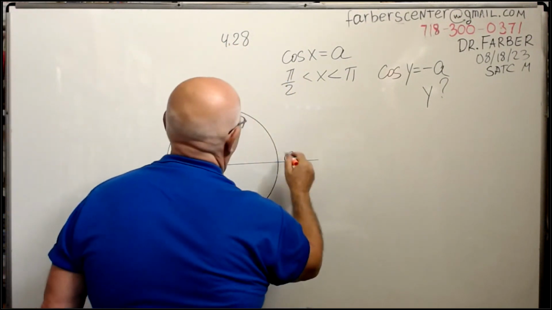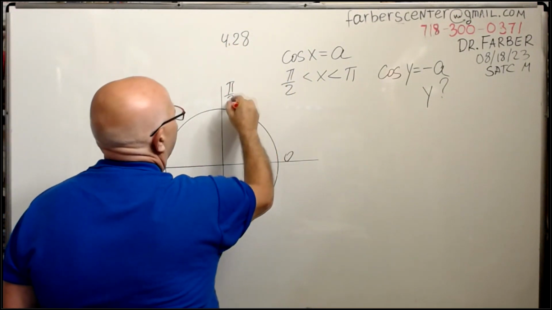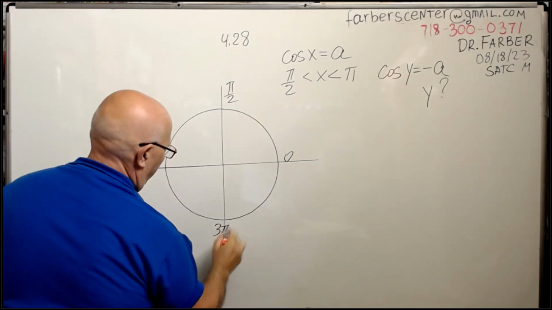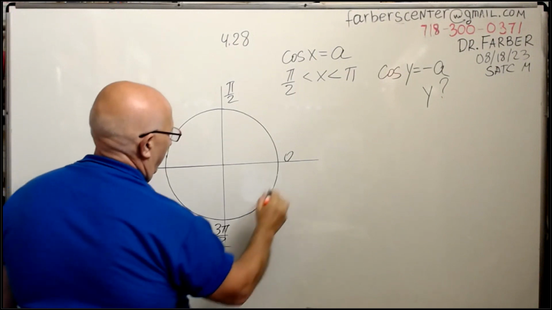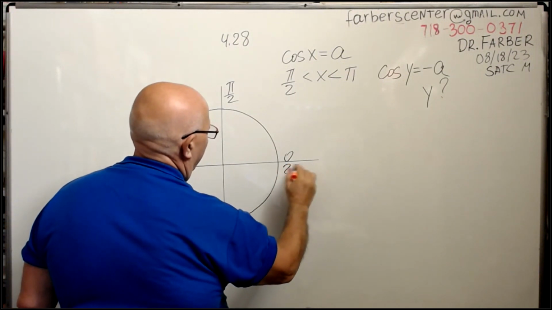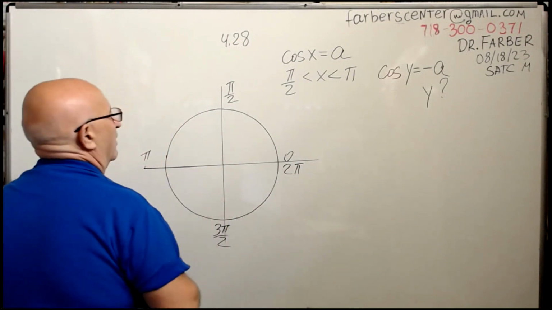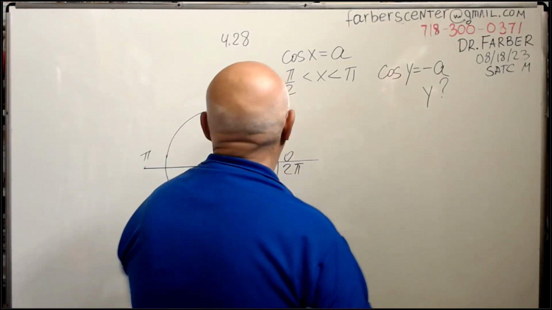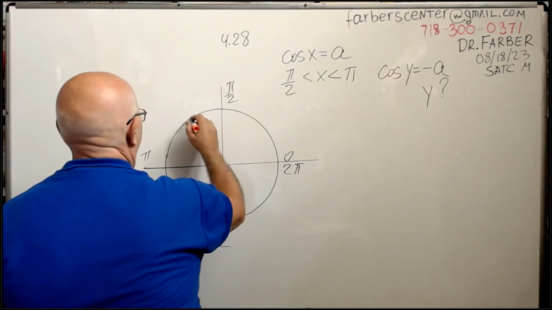This is 0, this is pi over 2, this is pi, this is 3 pi over 2, and this is 2 pi. Rotation counterclockwise. So since x is between pi over 2 and pi, it's located in the second quadrant.